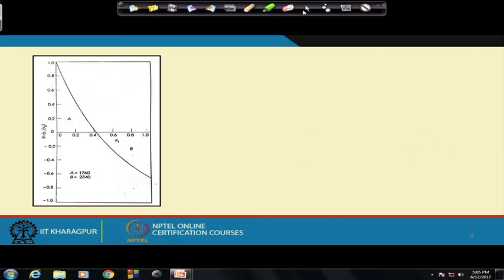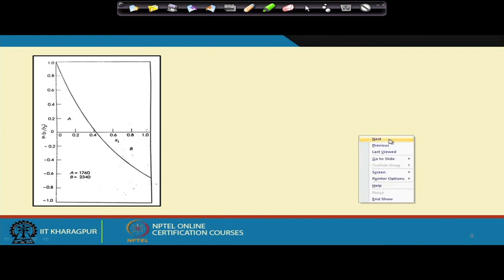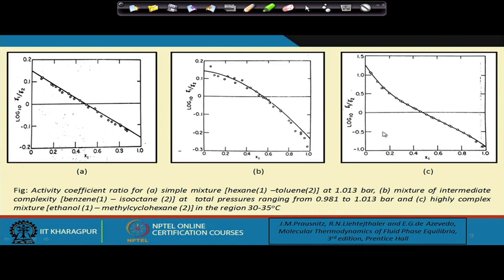Let us see what are the interesting things which this particular term ln gamma 1 by gamma 2 has. We find that this is a very effective parameter in defining the different types of mixtures into simple, more complex and most complex solutions.